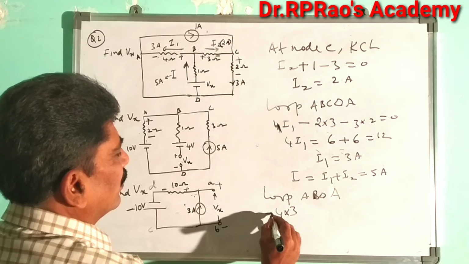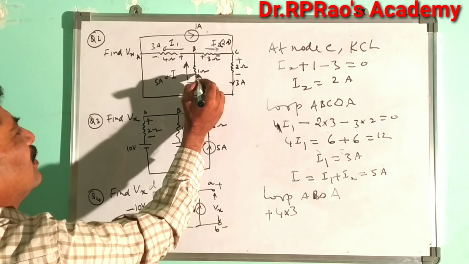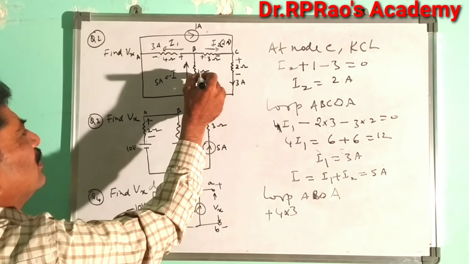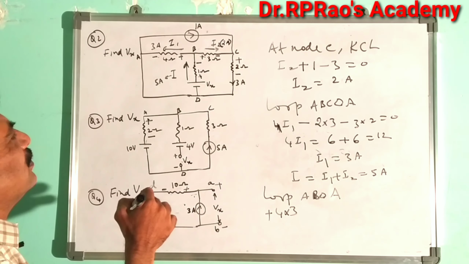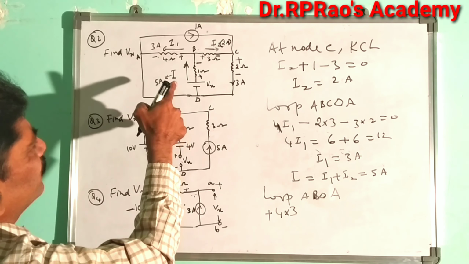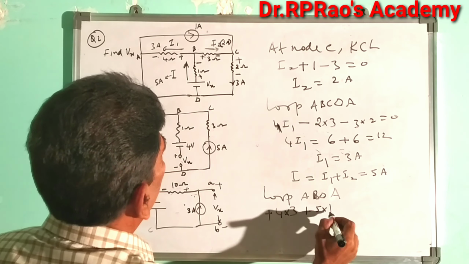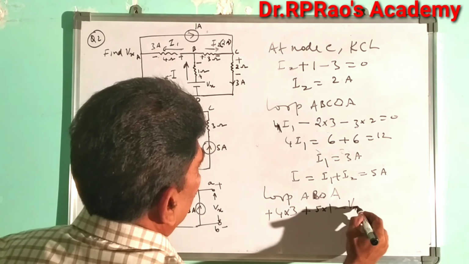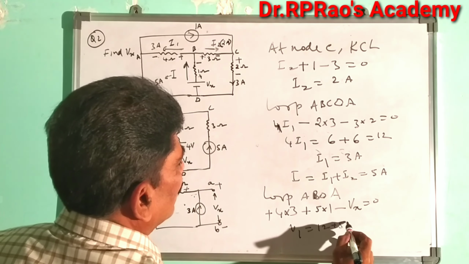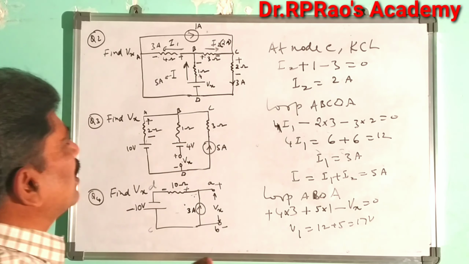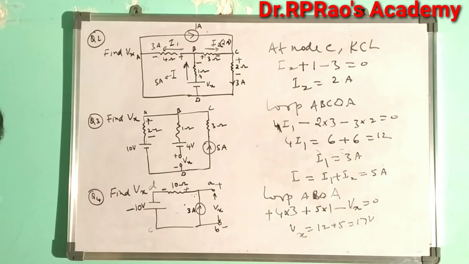Next, BD, rise in potential, plus 5 into 1, minus Vx, drop in potential, is equal to 0. So Vx is equal to 12 plus 5, equal to 17 volts is the answer.